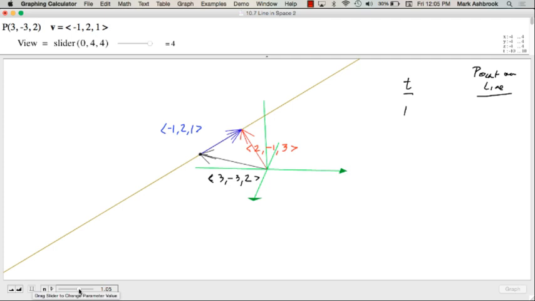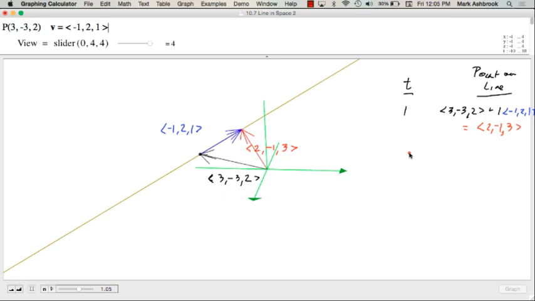That was the first point we generated, and that's simply going to be 3, negative 3, 2, plus 1 times my blue vector, negative 1, 2, 1. And what did that equal in red? That was our 2, negative 1, 3. So that 2, negative 1, 3 is the standard position vector of the new point, right?